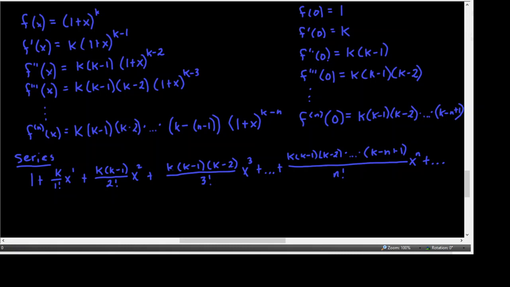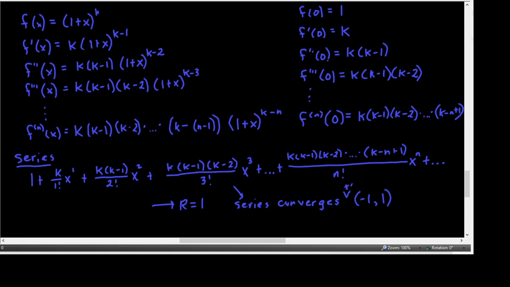By the ratio test, we could conclude that the radius of convergence is 1. I'm not going to go through that. You could do that if you want to as an exercise. But the radius of convergence is 1. So the series converges on the interval centered at 0 that goes from -1, which is 1 to the left of 0, to 1, which is 1 to the right of 0.